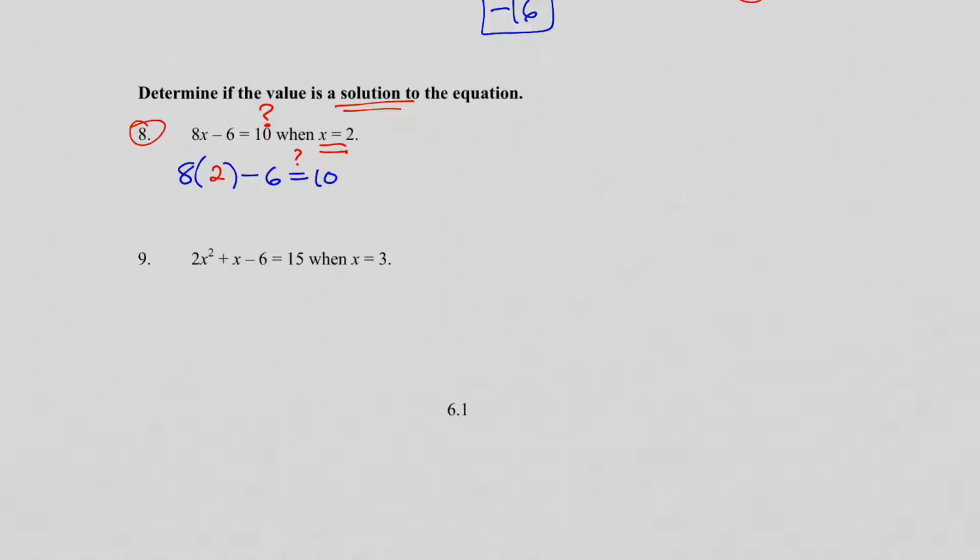Do we get a 10? On the left side, 16 minus 6, and 16 minus 6 is 10, so we get a true statement. And since that's true, then x equals 2 is a solution to the equation. Okay? So that's how we do that.